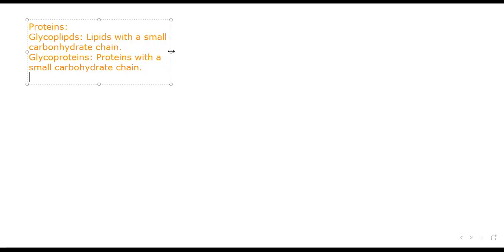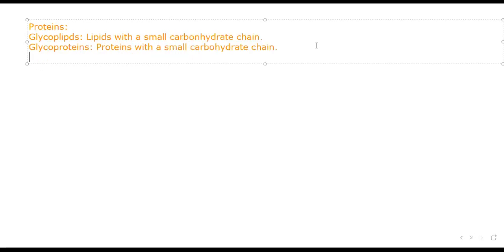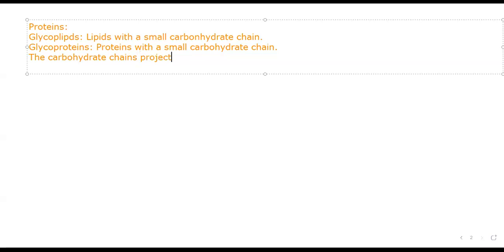When we talk about glycolipids and glycoproteins, the carbohydrate chains that we have basically project like an antenna. Like we have antennas, I'll draw it for you so you can see. They project like antennas into the tissue fluid or the fluid surrounding the cell, right?